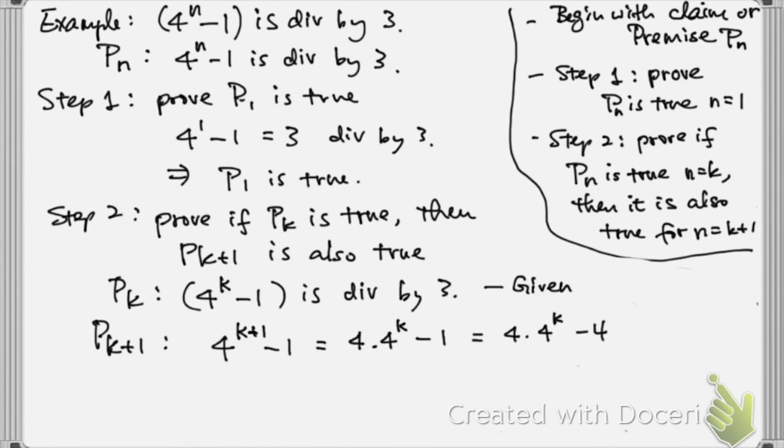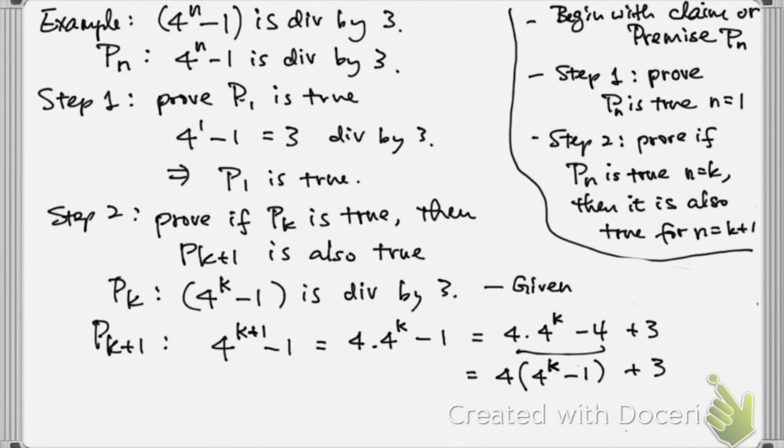I want to subtract 4, but I want to end up with a negative 1, so I have to add 3 to make sure the expression is still the same value as before. But by doing this, this is going to allow me to write 4 times the quantity 4 to the power of k minus 1. Okay, that's the first term, plus 3.